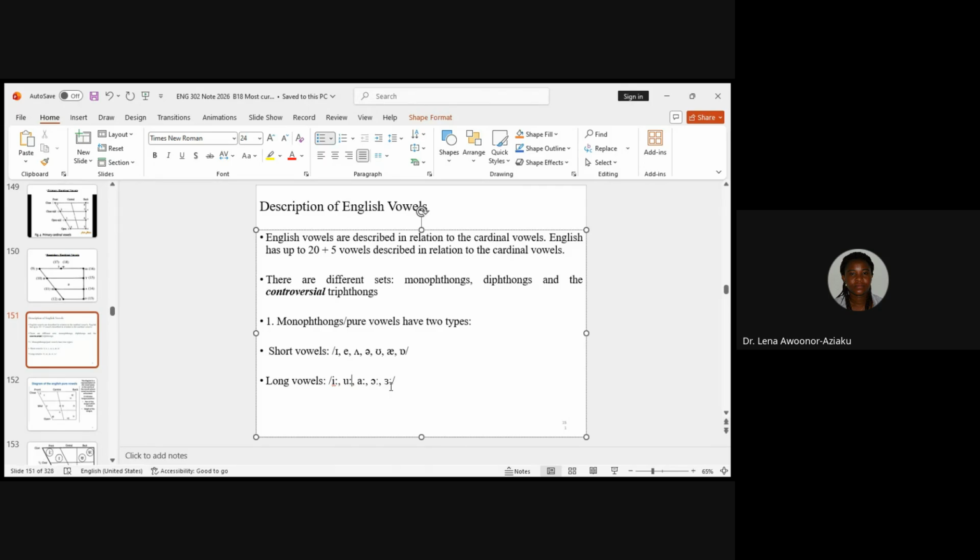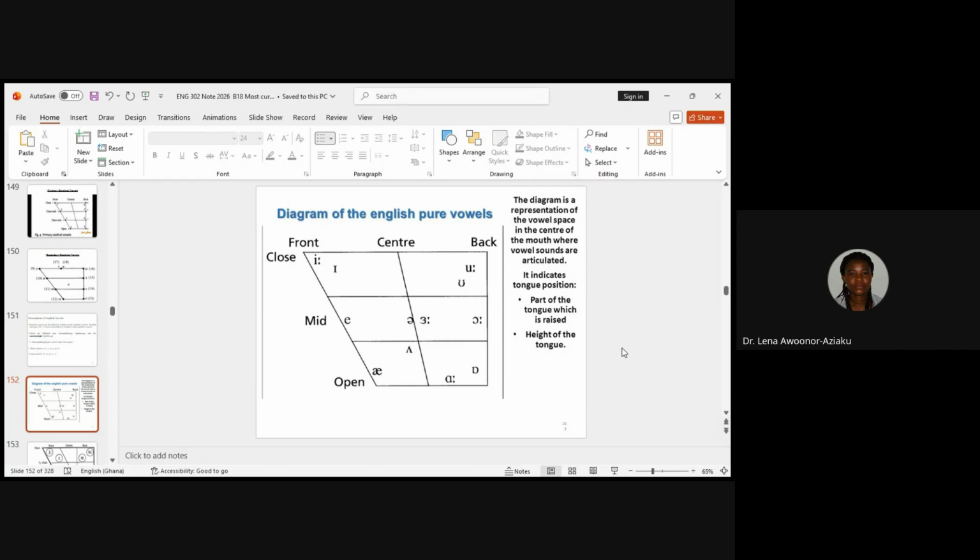The length mark is just attached to them for the purpose of education, because we will see them on the chart to see whether it is only the length mark that distinguishes them or whether they are different in terms of quality. So when you compare the two, both of them are front. E and E are front vowels. But you can see that one is higher than the other.